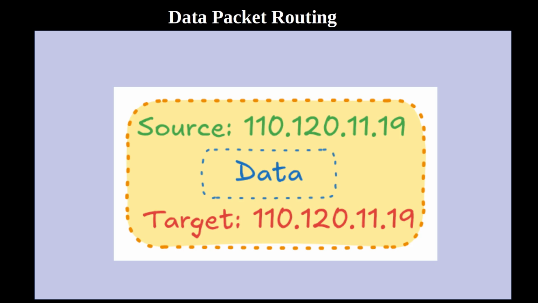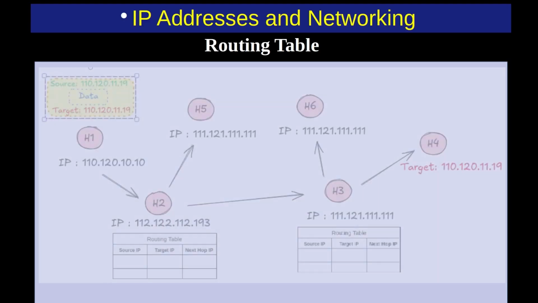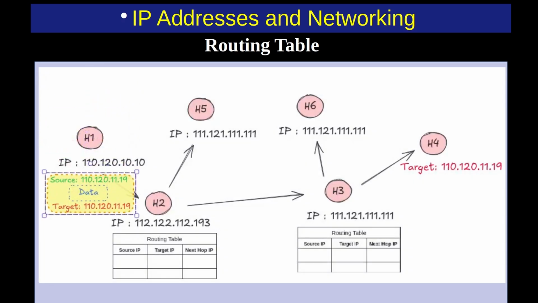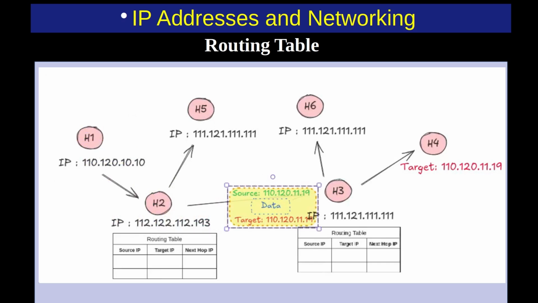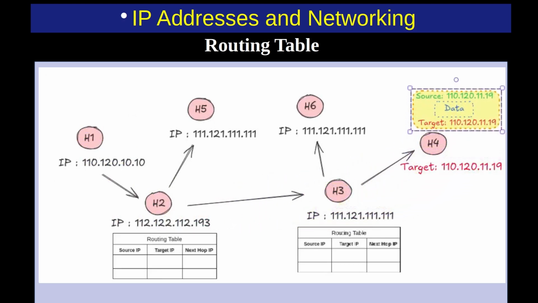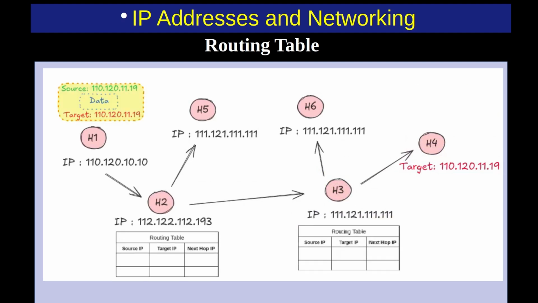The data packets will always have a source IP address and a destination or target IP address, much like the parcel sent to your home by your friend via post. In the animation, you can see the packets moving in the network from H1 to H4 through H2 and H3, through a series of complex routing decisions made by H2 and H3.